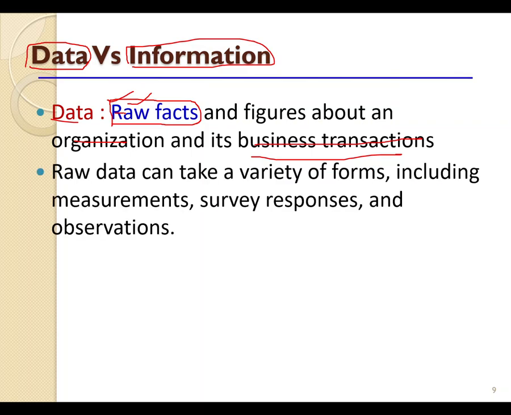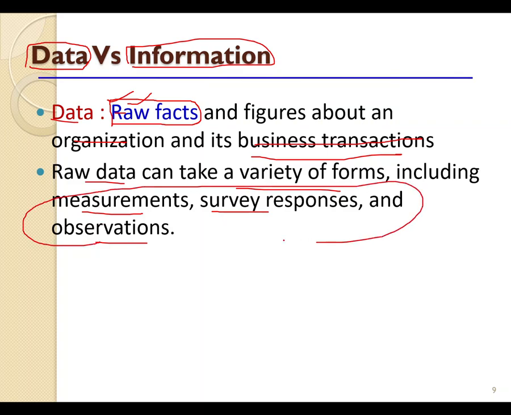Raw data can take a variety of forms, including measurements, survey responses and observations. In many ways we can get raw data. By observing, we collect raw data. Even by going through survey responses, we can collect raw data.